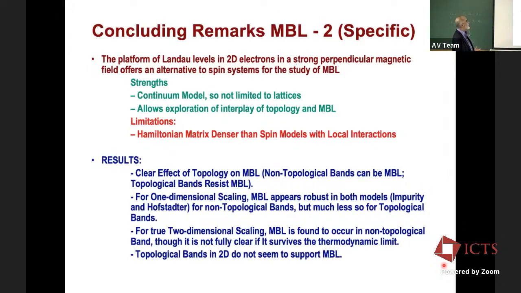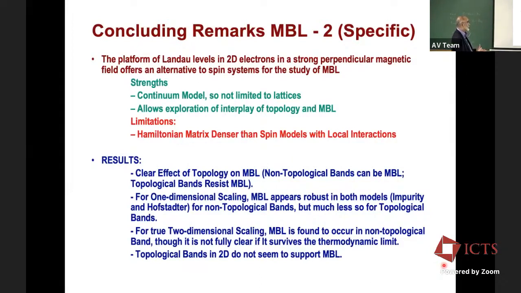The result is that there's a clear effect of topology on many-body localization. Non-topological bands can be many-body localized, but topological bands really resist MBL. For one-dimensional scaling, MBL appears robust in both impurity and Hofstadter models for the non-topological band. And again, the topological bands don't show the same behavior.